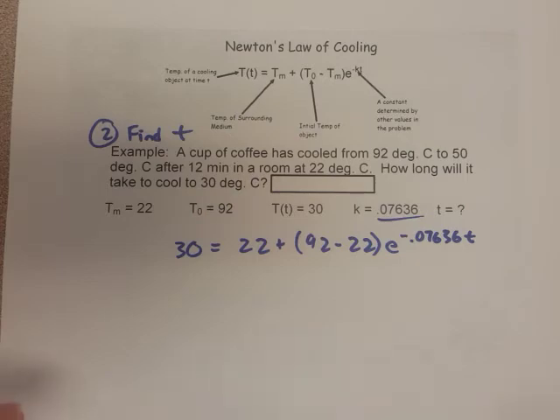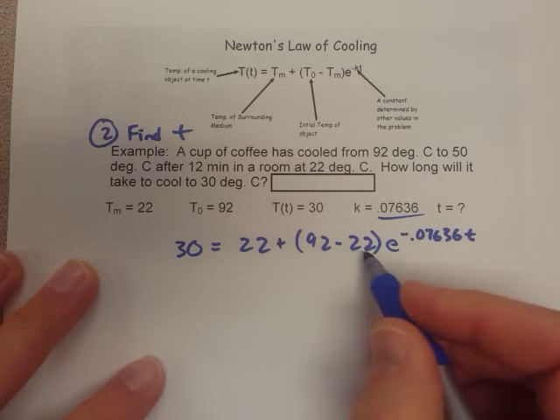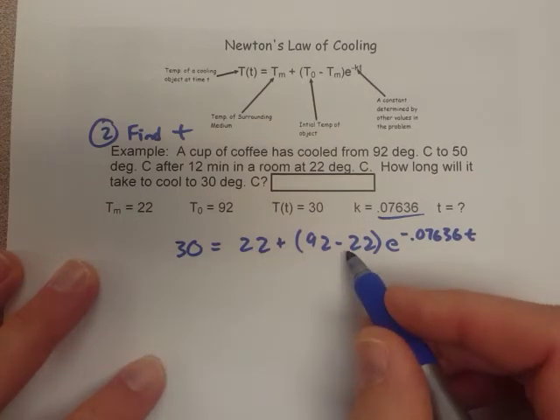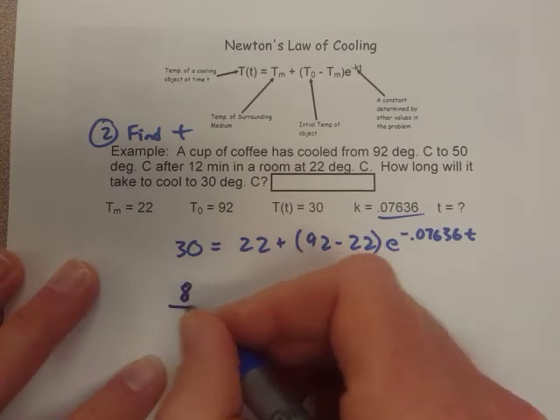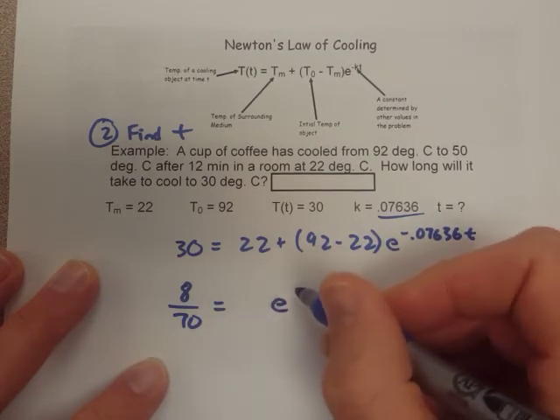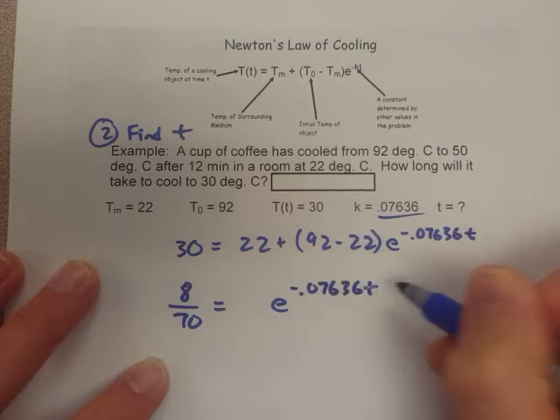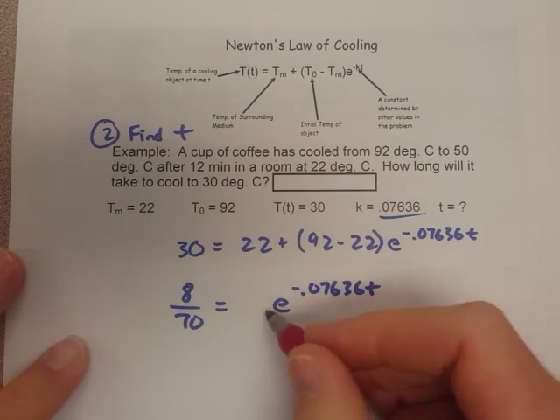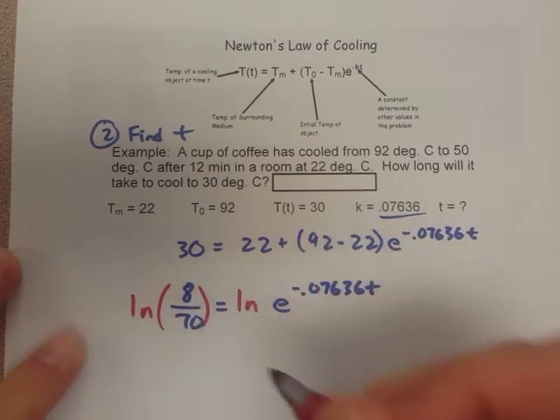So we're going to do it a lot like we did last time. We're going to start by getting rid of some of this stuff. We know that that's 70. We know this is 22, so we can subtract 22 and divide by 70, which is going to give us 8 over 70, leaving us with e to the negative 0.07636 t on this side. Like last time, when we have e by itself, we want to get that out of there, so we're going to introduce ln to both sides.